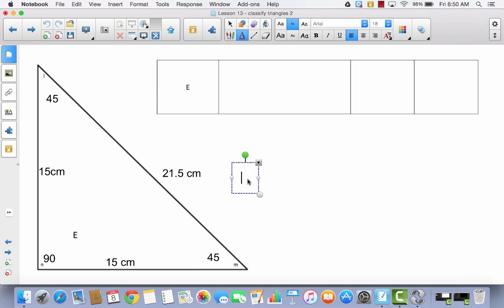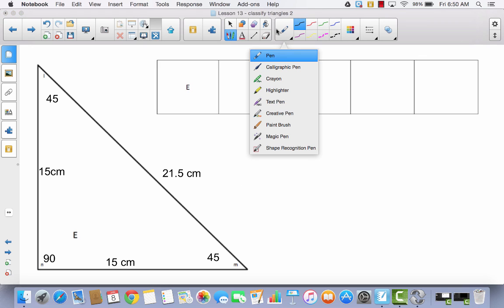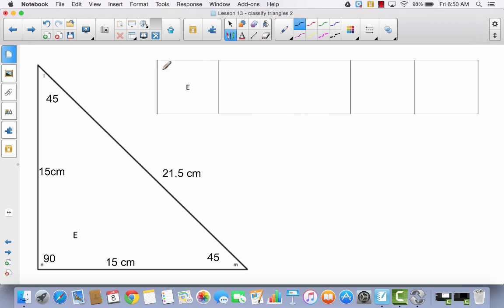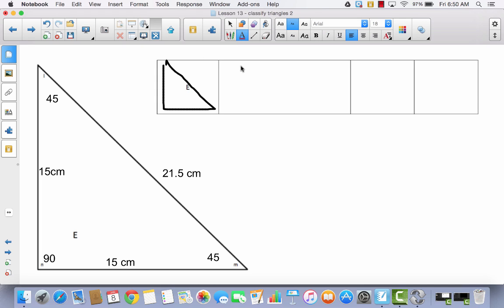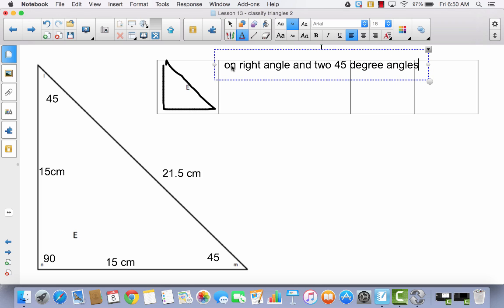Okay, so this time I noticed that I had two sides that were the same length and I had two angles that were the same length. So let's go ahead and sketch our triangle. Try to make this right angle. All right, and then when I say the attributes, this time I'm going to say one right angle and two 45-degree angles.